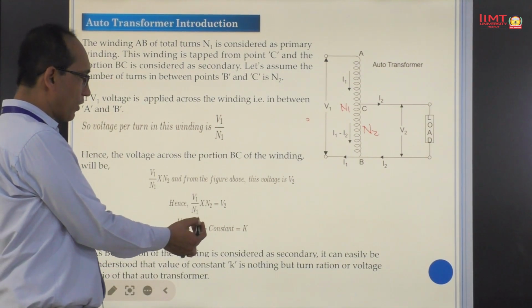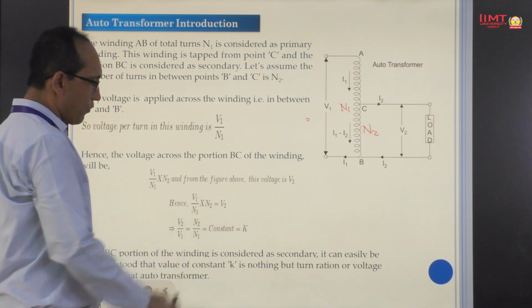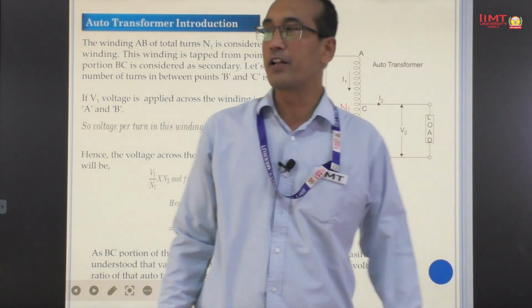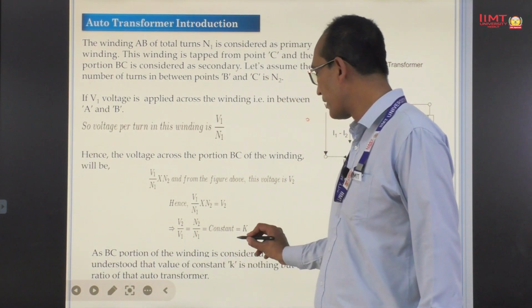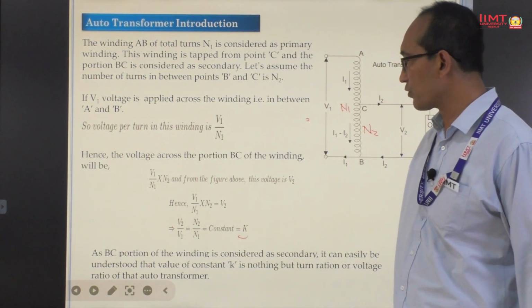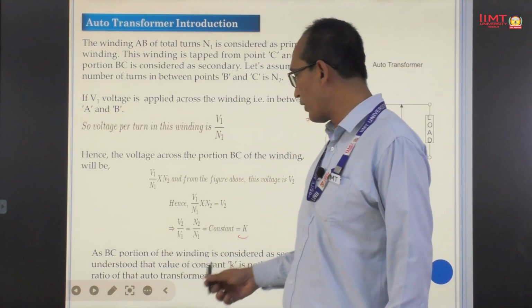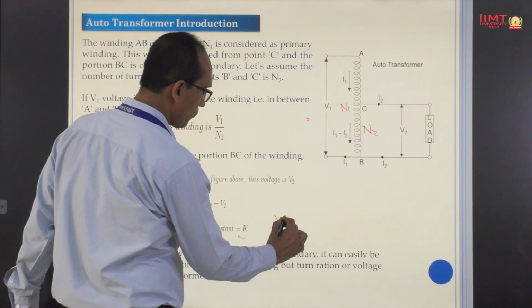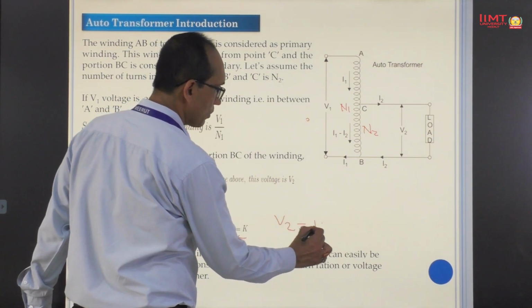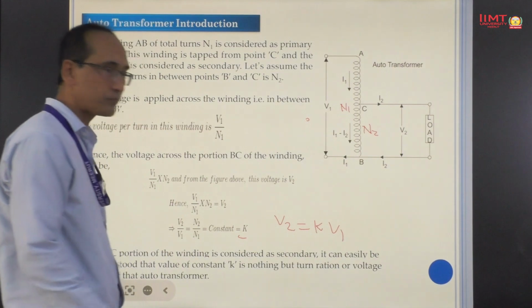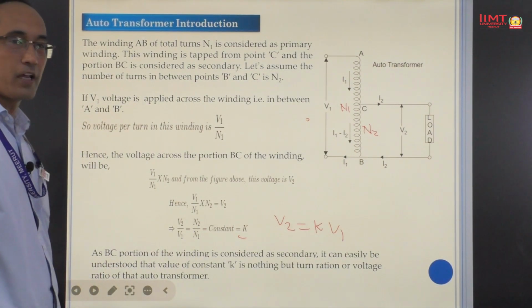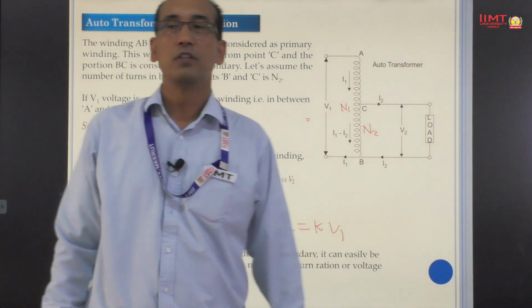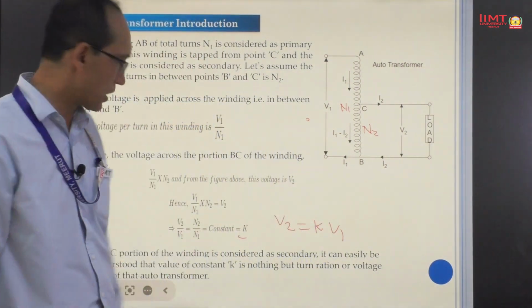So V1 upon N1 multiplied by N2 is V2. Obviously N2 upon N1 is known as the turn ratio, denoted by K. So V2 upon V1 is equal to K, or we can say V2 is equal to K V1. So this is the voltage distribution in case of single phase auto transformer.